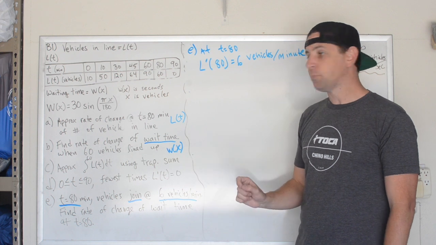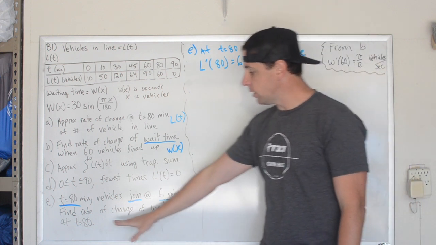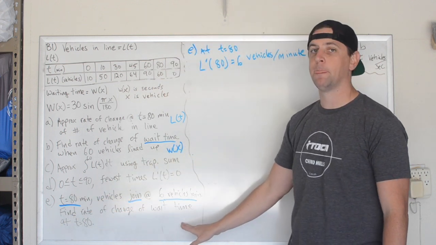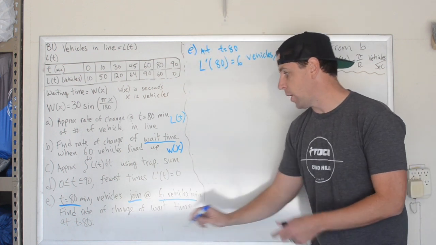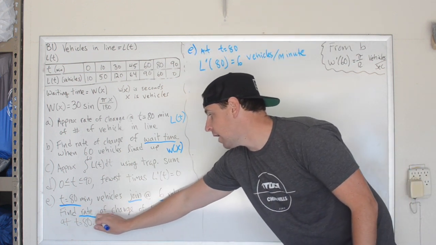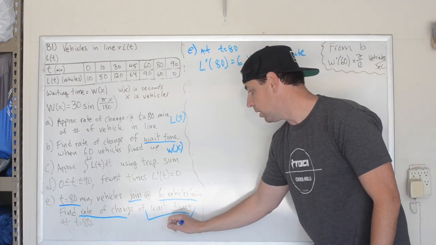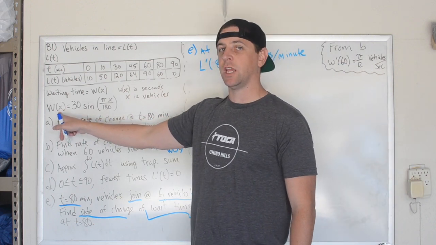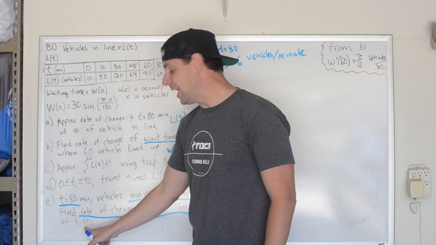Now, they said, okay, great. Now that we have that information, here's the goal for E: find the rate of change of wait time at 80 minutes. Rate of change should highlight derivative, of the wait time. That's going to be this function, so the rate of change of the wait time would be W prime at 80 minutes.